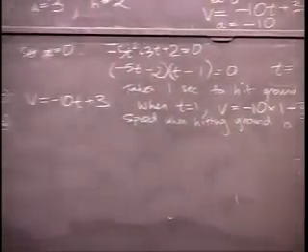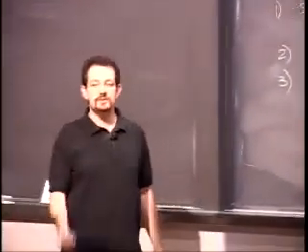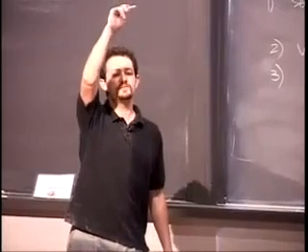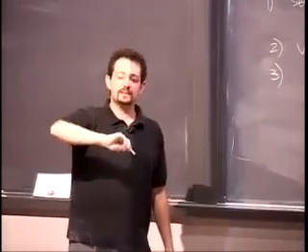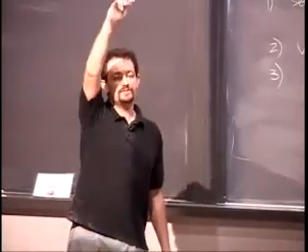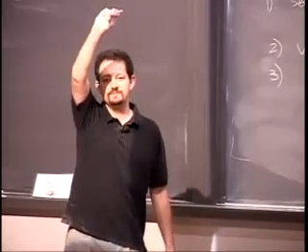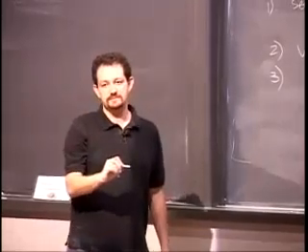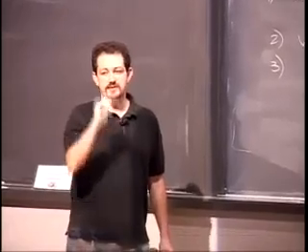And finally, the question is, how high does it go? Well, to solve this question, you need to ask yourself, what is the velocity at the instant the ball is at the top? Is it going up or is it going down? Well, it's just finished going up, and it's about to go down. So the end result is it doesn't have any velocity.